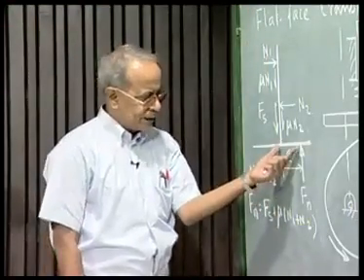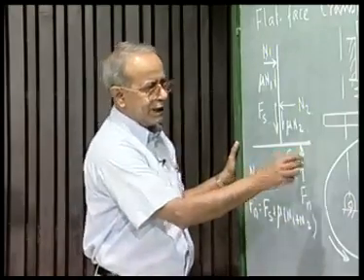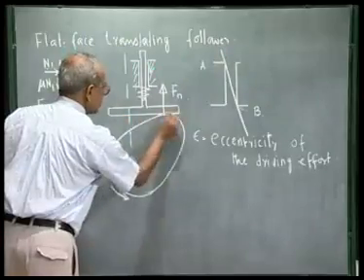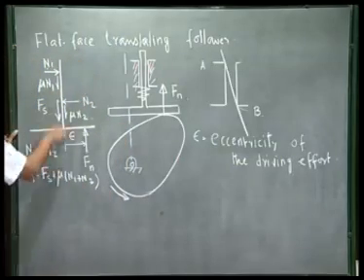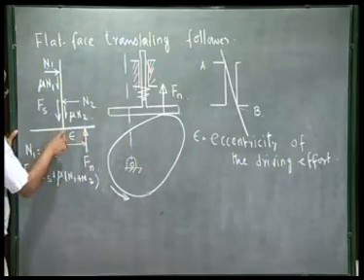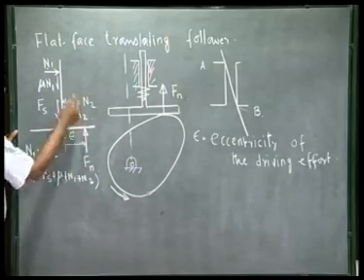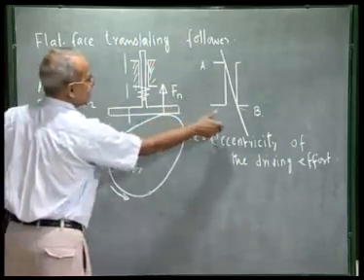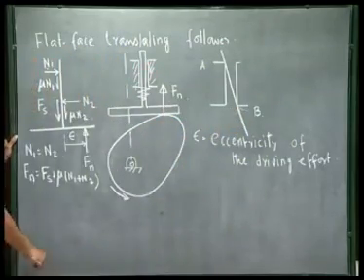But due to this eccentricity epsilon, because the contact point is here and the contact point will travel over this follower face, at this particular instant the contact point is here, and epsilon denotes the eccentricity of the driving effort, which is producing this tilting tendency.